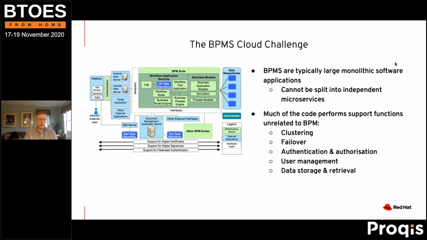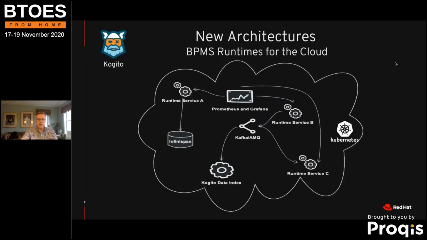In trying to answer that question, I've looked to the open source community, which is very active in cloud computing. I want to show you an illustration from a really interesting open source project, pulled directly from the project's website. It's called Cogito, an open source project looking to reimagine business process management systems for the cloud. This illustration shows where they're going.